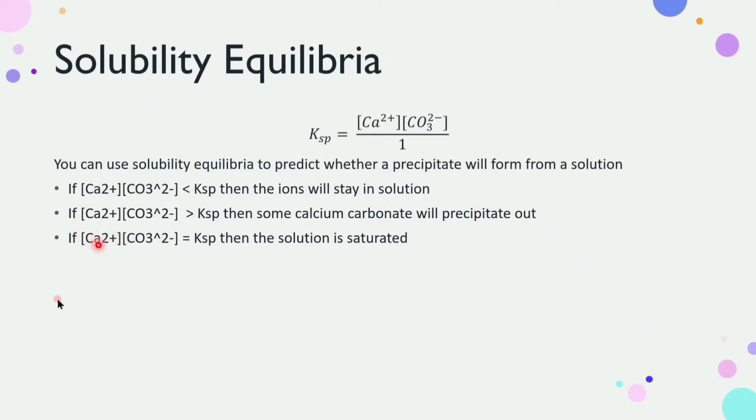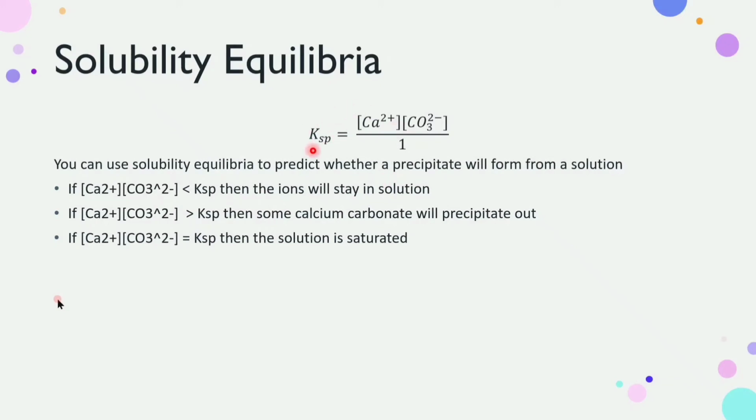And if our calcium ion concentration times our carbonate ion concentration equals our fixed constant for Ksp, then the solution is said to be saturated. If we add any more, then some will precipitate out. At this moment, everything is dissolved, and if we add any more, it will not be able to dissolve. We cannot dissolve any more solid in this solution. So yes, this can tell us whether a precipitate will form when we add our solid to a solution.